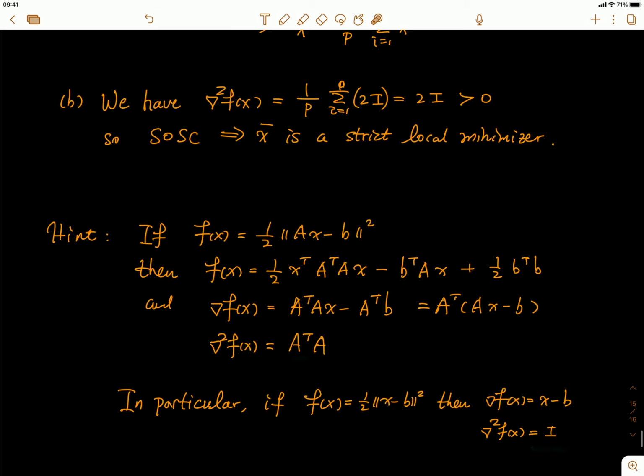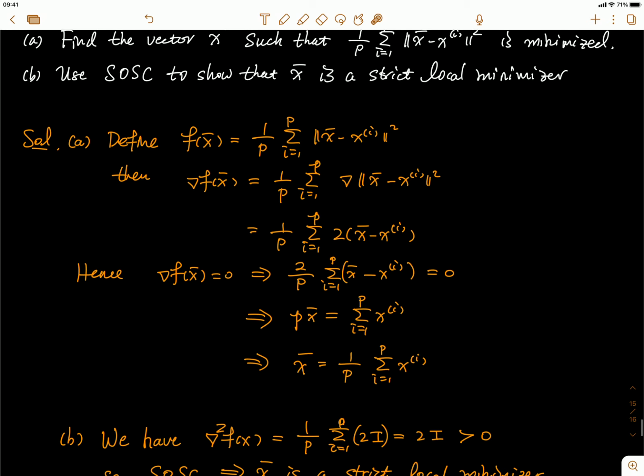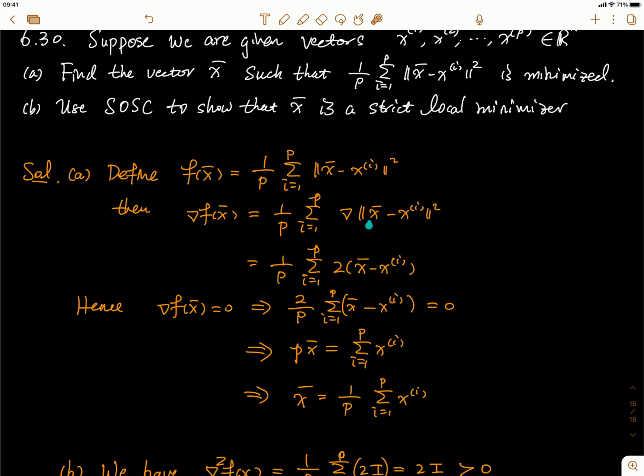So for this simple function, the gradient and the Hessian are even easier. That's the case here. So this is like x minus b squared. If I take the gradient, I will get just x bar minus b. And since I didn't have 1/2 here, I will have a 2 multiplied here. So the gradient of that is just this.